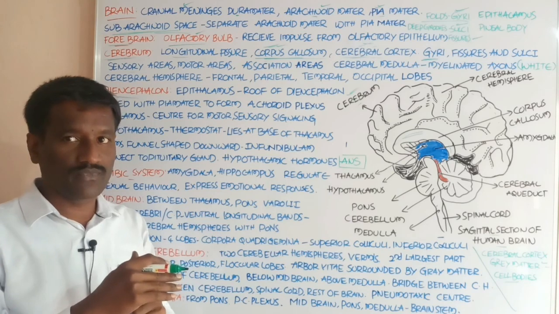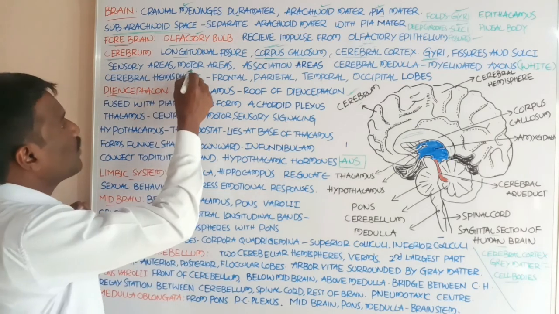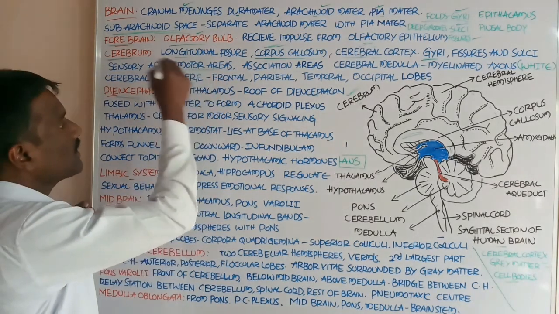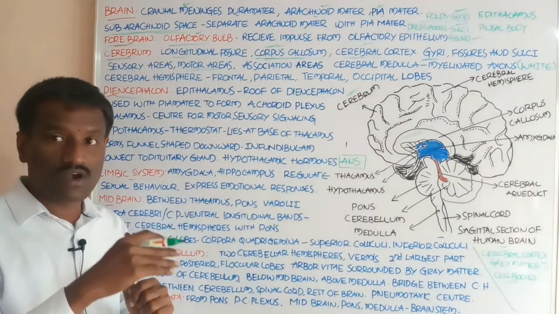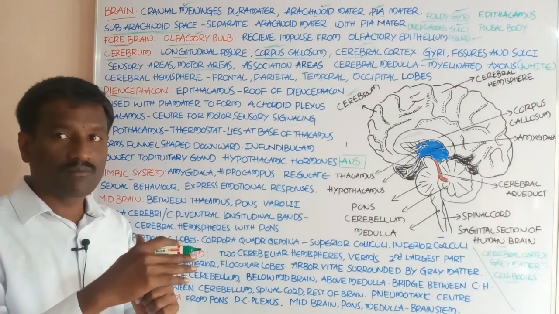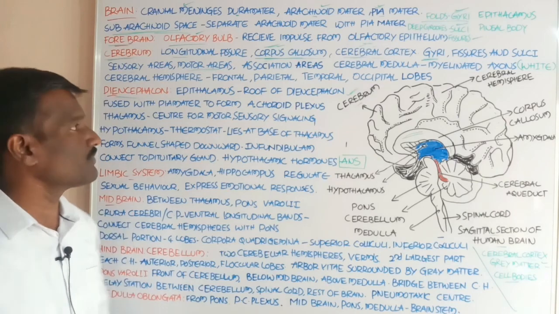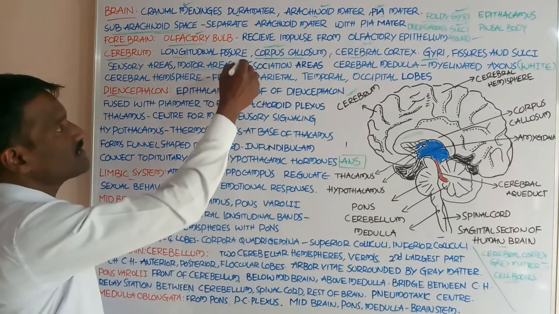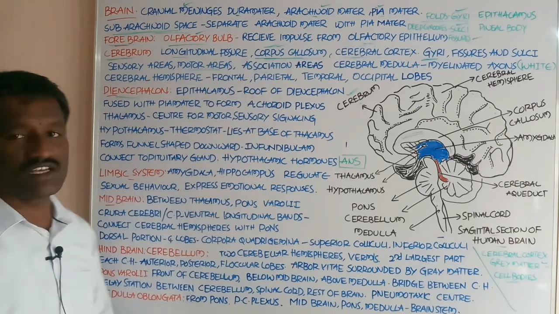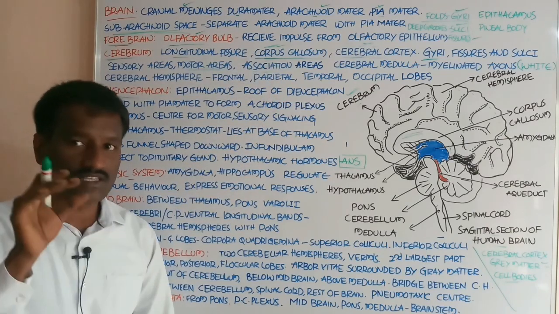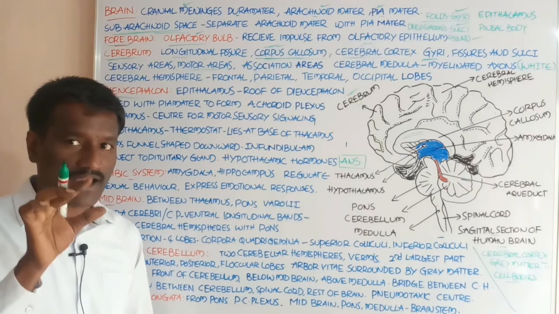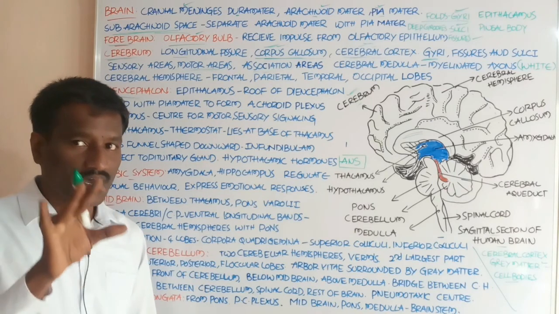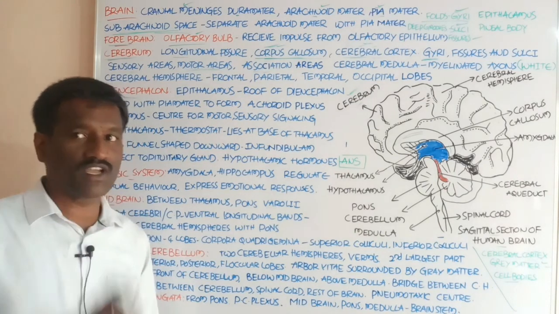The motor area regulates and activates muscular movements in the body. The association area regulates both functions. The cerebrum also acts as the main site for memory and communication.